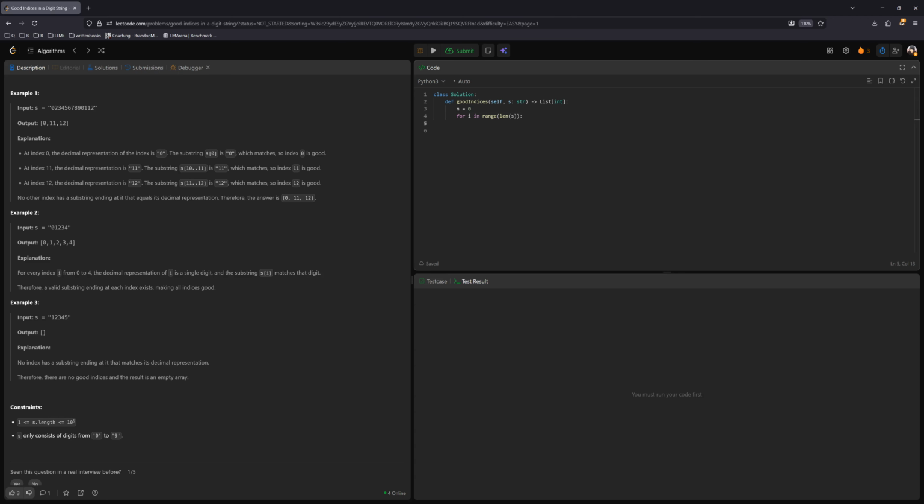And then n times equals 10, n plus equals int of s of I, right? And then we need to keep it from getting too big. So n mod equals 10 to the 6, so a million. 2, 3, 1, 2, 3, right? Okay.